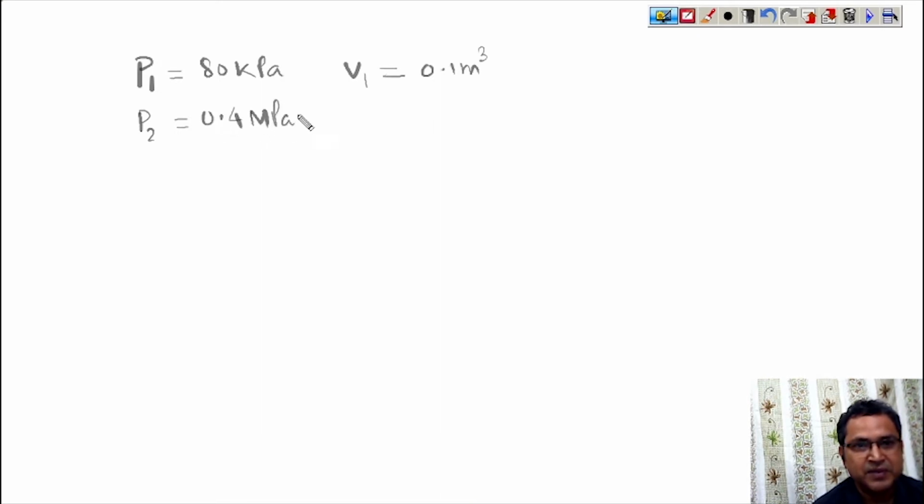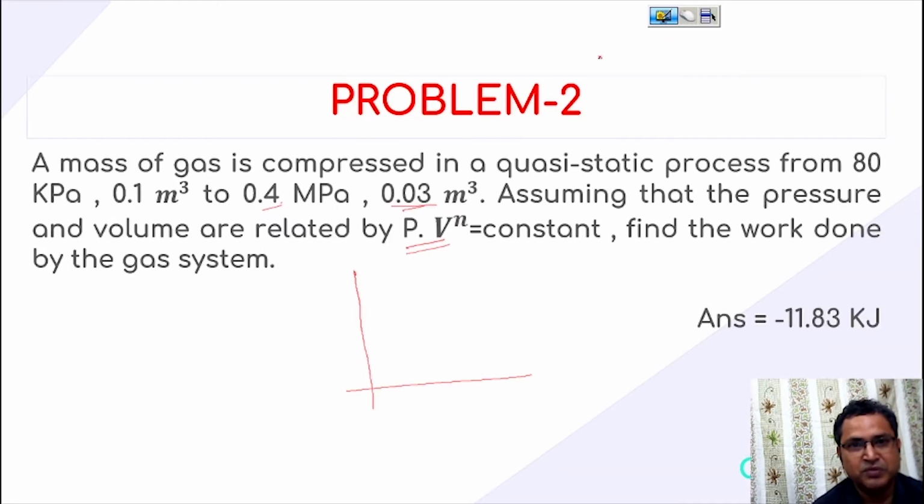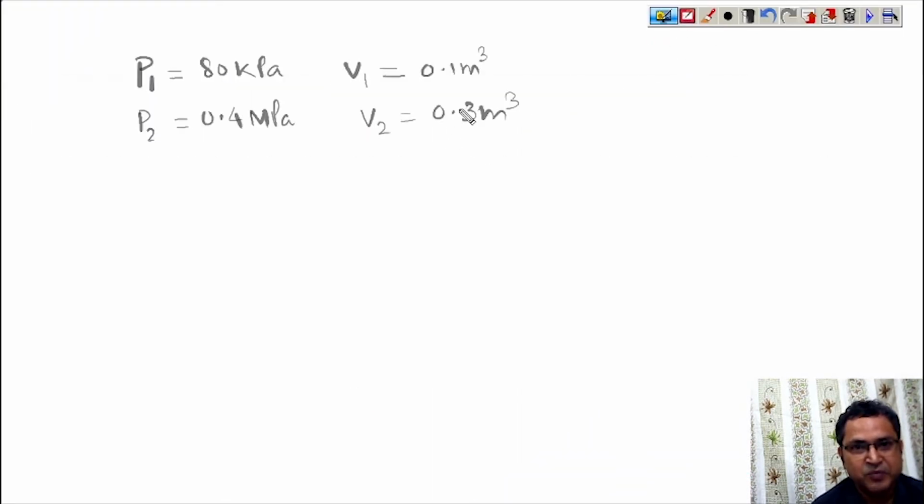I think 0.3 or 0.03 meter cube. This much amount of the volume.